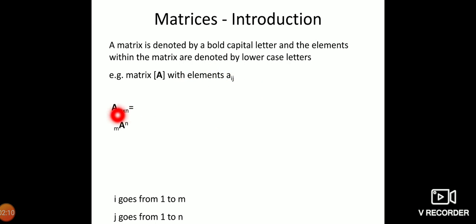This is a small letter. See, A is an m by n matrix. It is denoted by i going from 1 to m and j going from 1 to n. That means i is 1 to m and j is 1 to n. These are the elements.